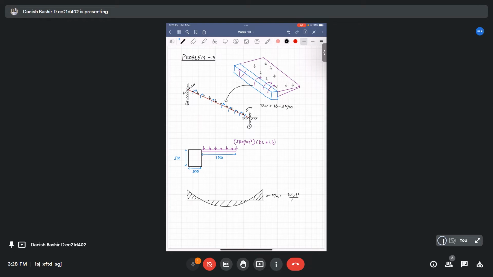Okay, the sagging moment here will be half of this, wu l square by 24. And the shear force diagram for it will be like this one.